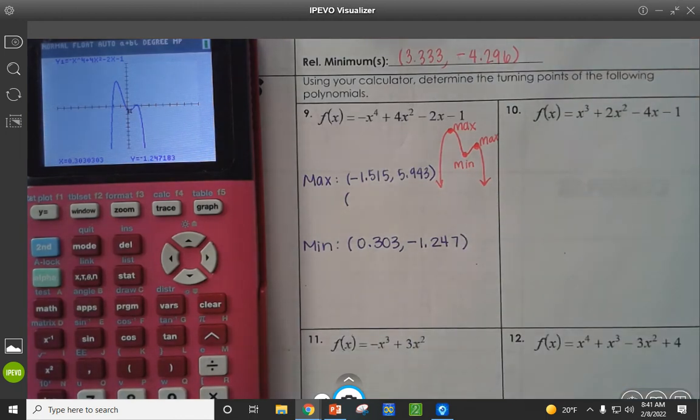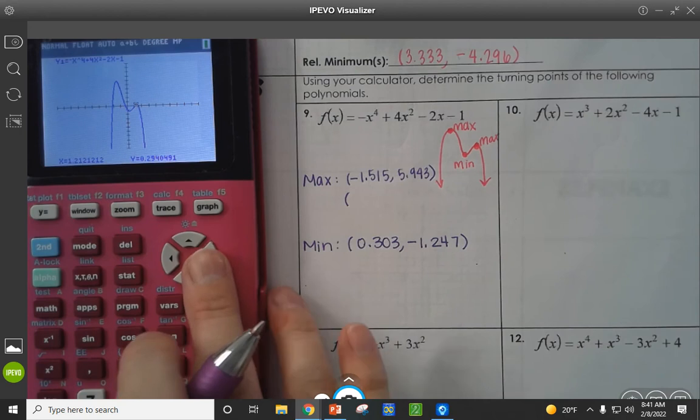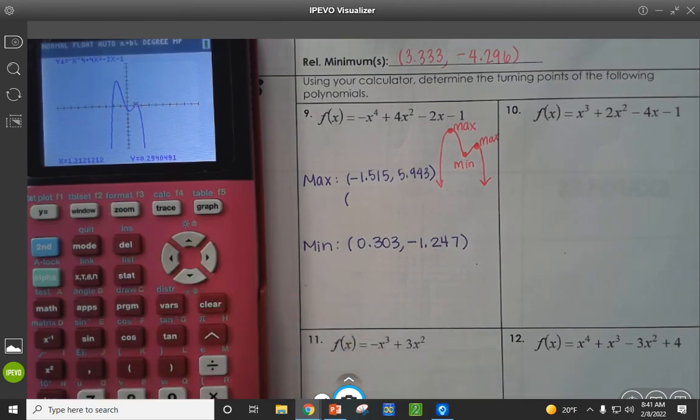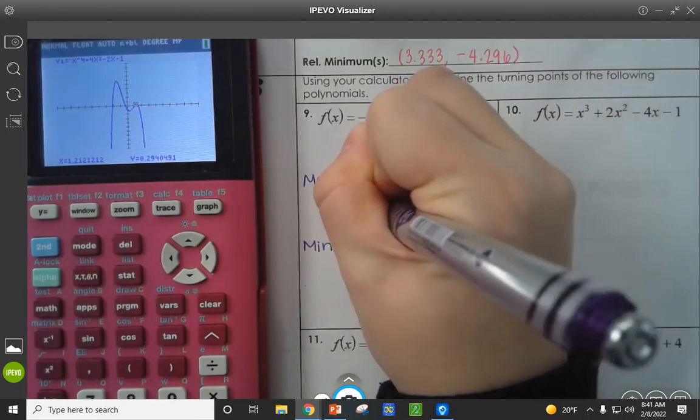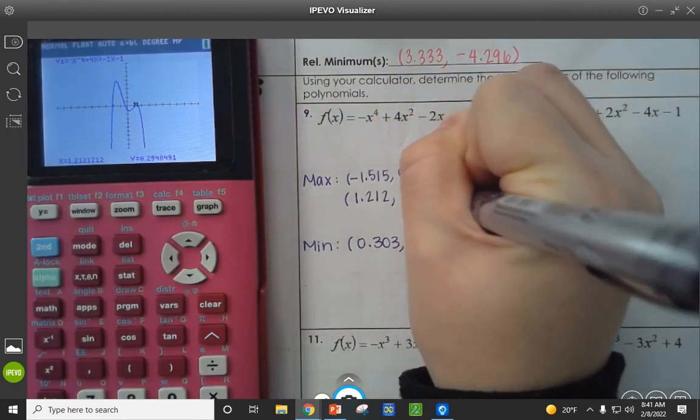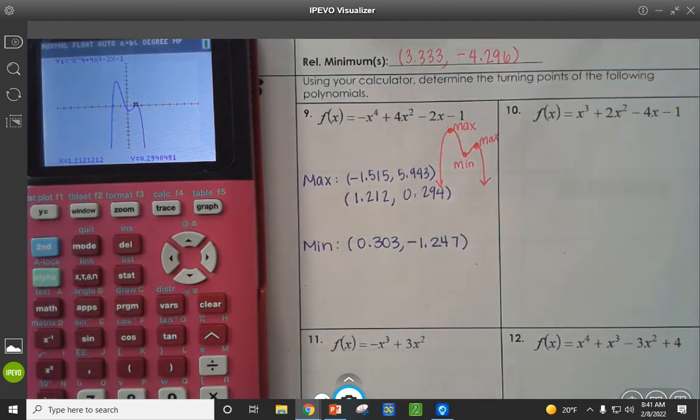You should get about 0.303, comma, negative 1.247, something like that. And then back up to the maximum, .212 and 0.294.